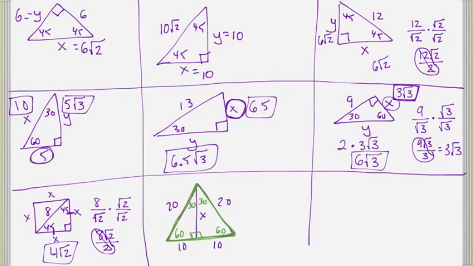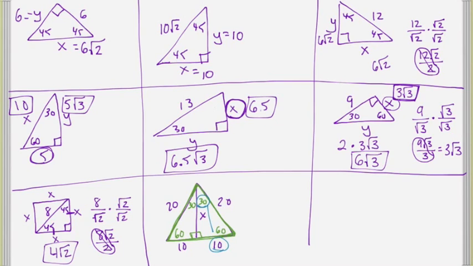So in a 30, 60, 90, we want to locate the short side of the triangle. What's the short side going to be? The bottom, the 10, because across from the 30 gives us our short side, which is 10. And we're looking for the longer leg. What's the relationship between the shorter leg and the longer leg?